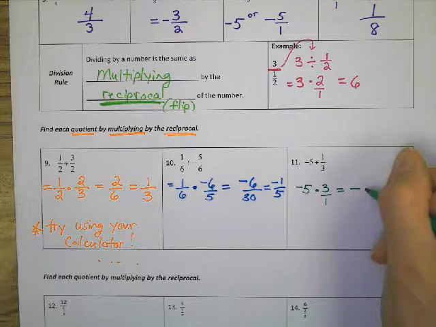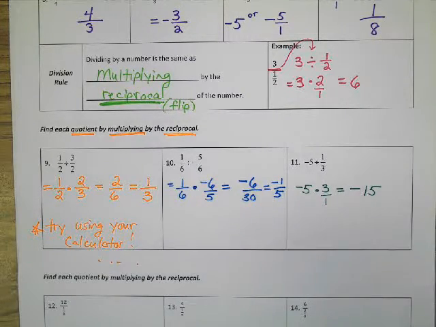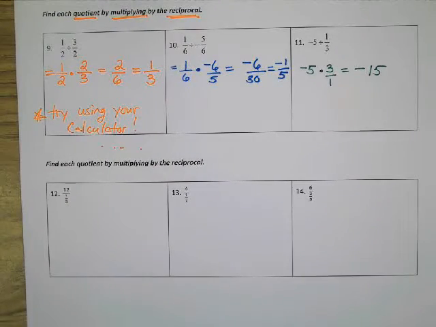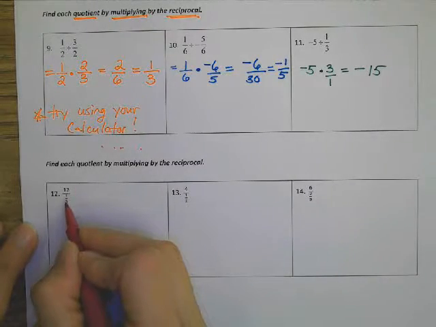Okay. Let's do some more quotients by multiplying by the reciprocal. I kind of showed you one way up here where it had the big bar. So first, you take your marker and you find the big divide bar. The big divide bar is this one right here. And we're going to write it the other way. 12.